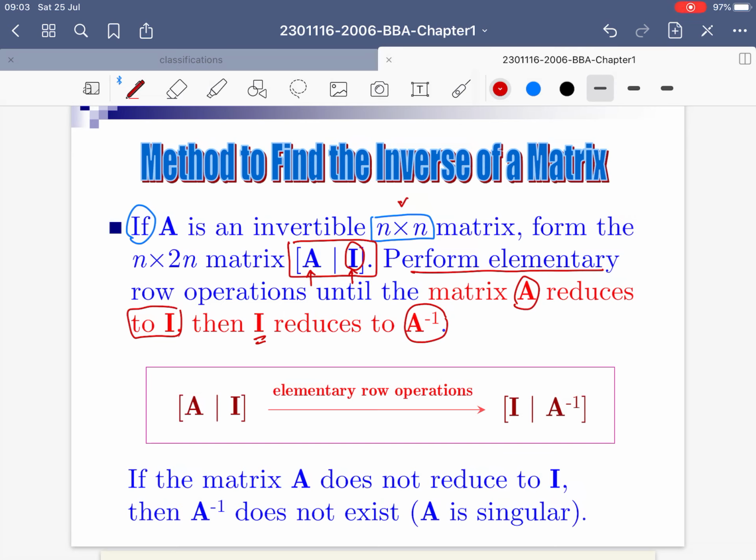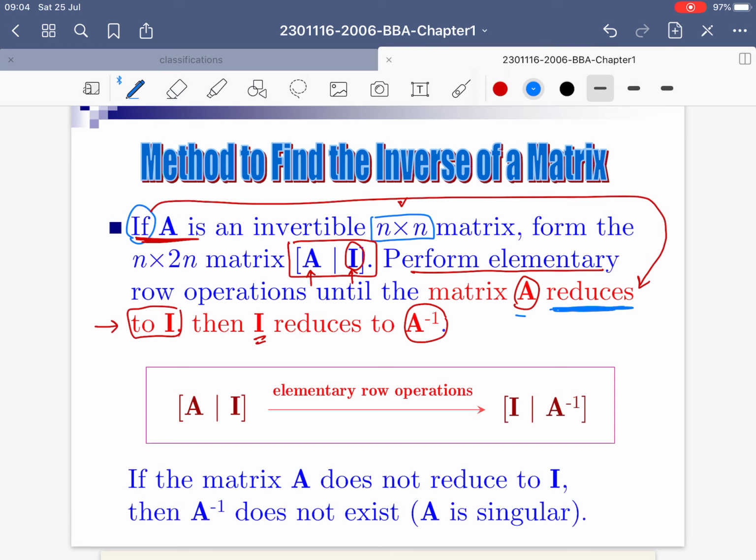If your A is invertible, this one always reduces to I, always. But if your A is not invertible, then A may not be able to reduce to I. It may reduce to something else.